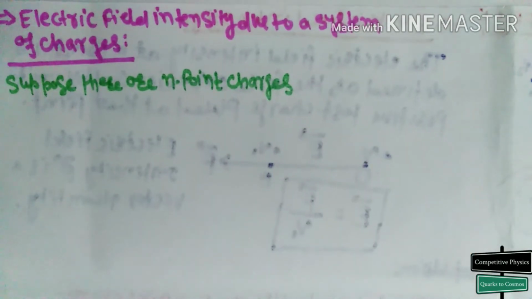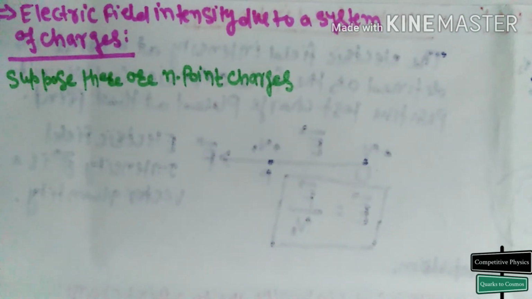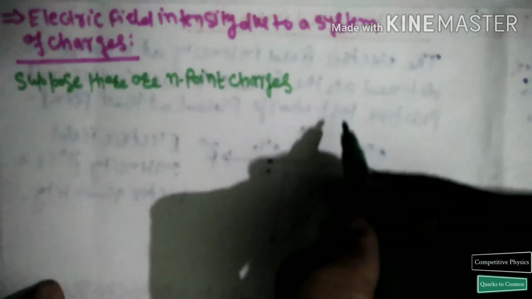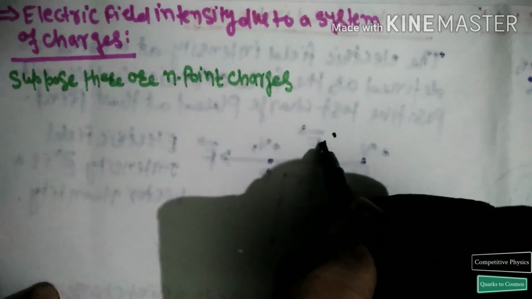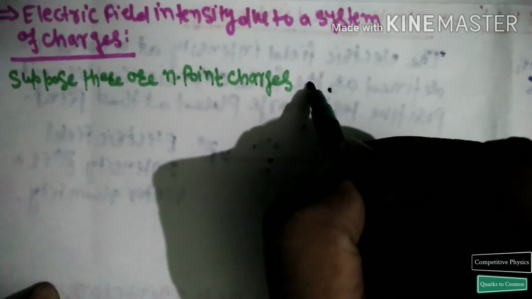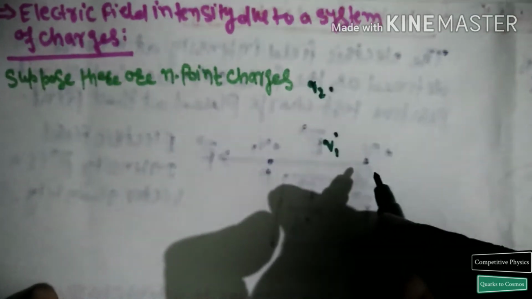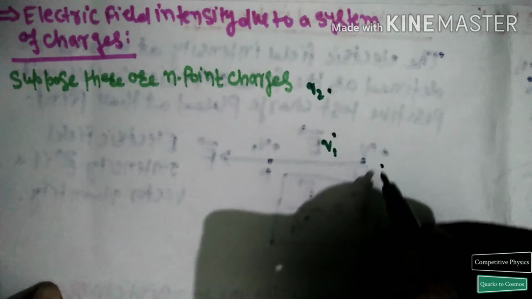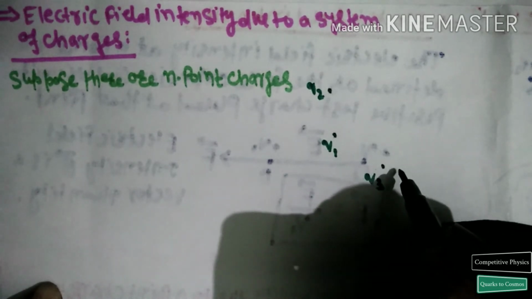Okay, let me draw the figure first and then we will discuss it. Suppose here is charge q1, here is charge q2, here is charge q3, and so on.